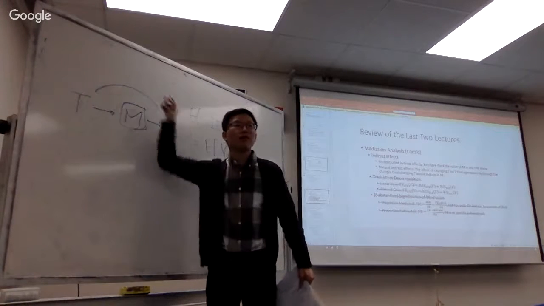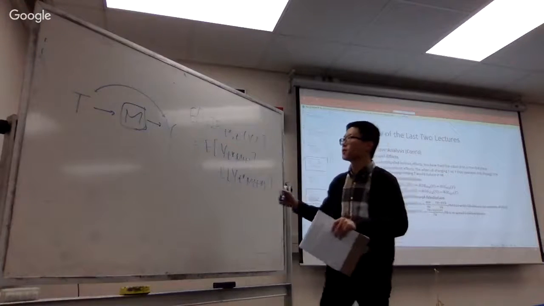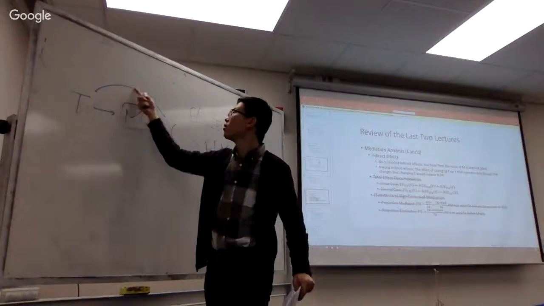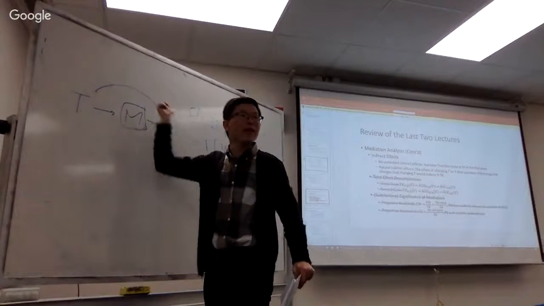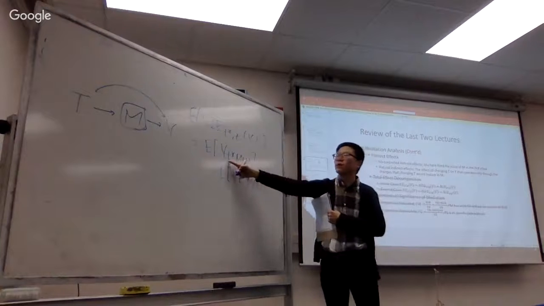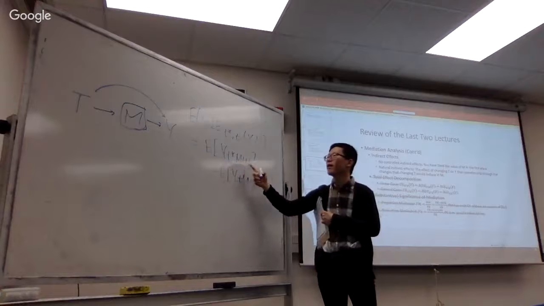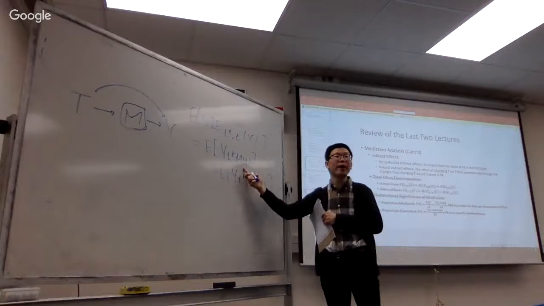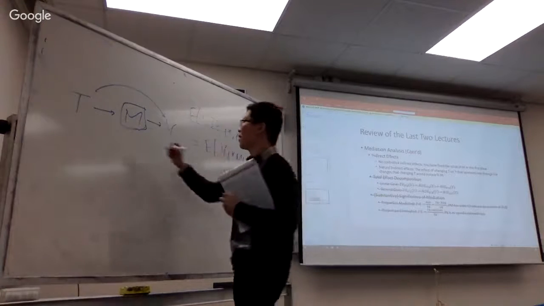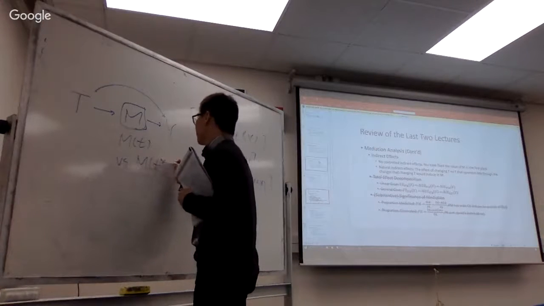There's no variation in observed t whatsoever. So you are blocking this path, right? But you are looking at the potential outcome of y when the level of m is m(t) versus m(t*).